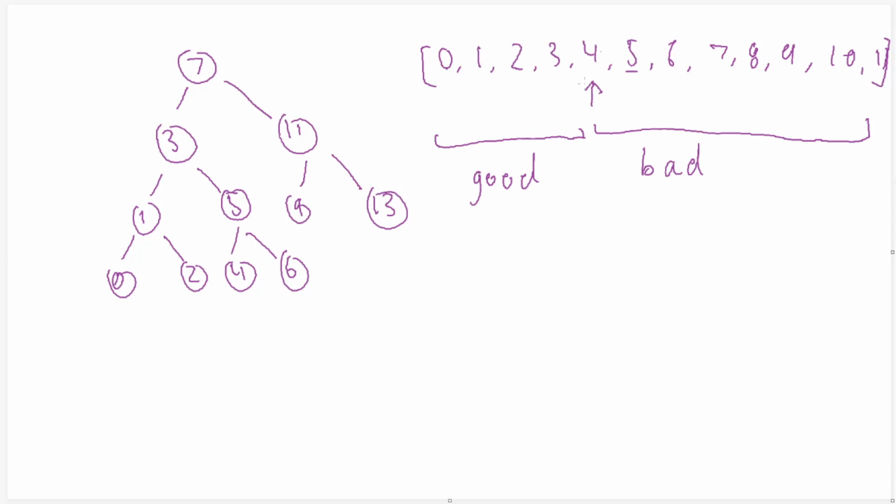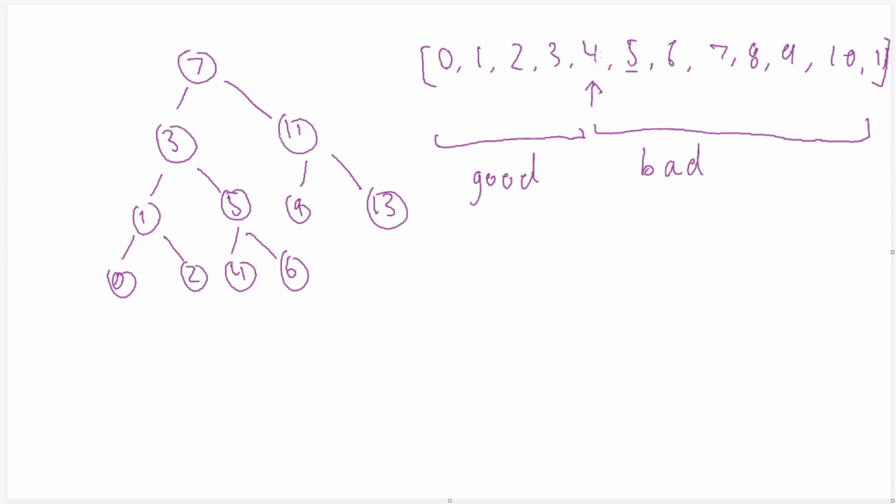Take the average of 3 and 4. See that 3 is good still. So we'll move the pointer up.